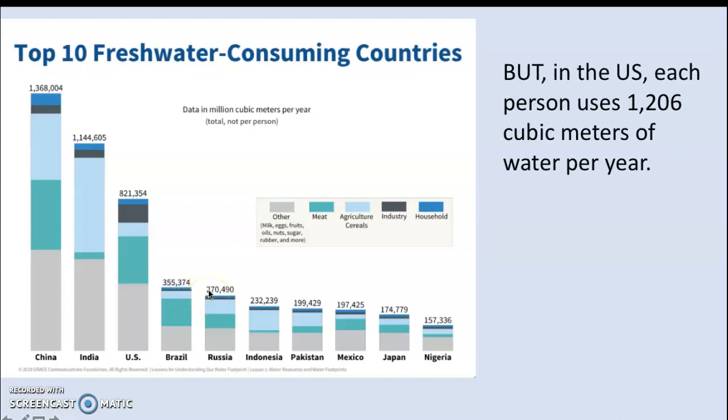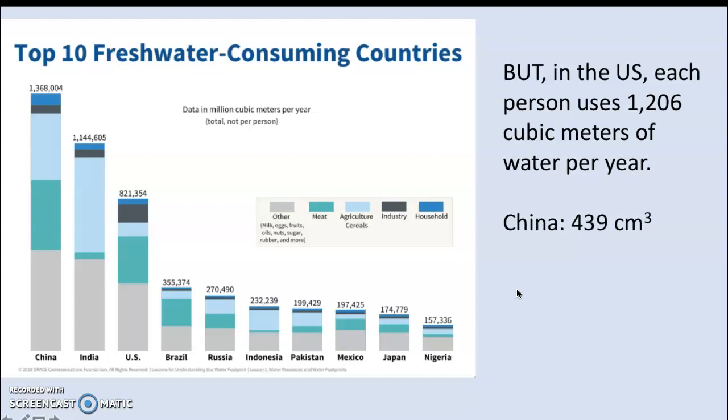And here's the really interesting thing to think about. Every person in the United States uses 1,206 cubic meters of water every year. You use that much water per year, believe it or not. And what that comes out to, because these numbers over here are the total usage.